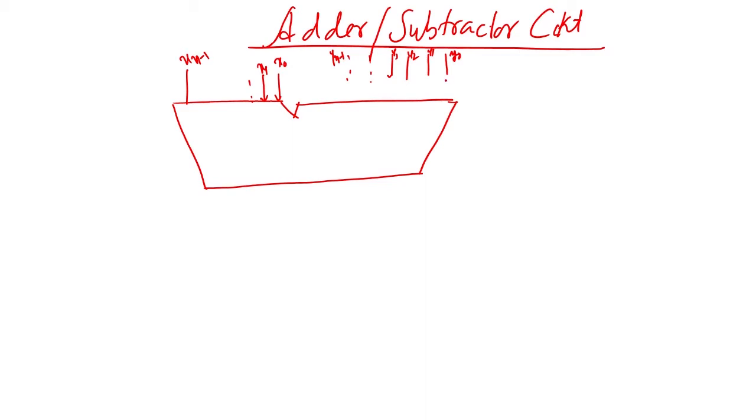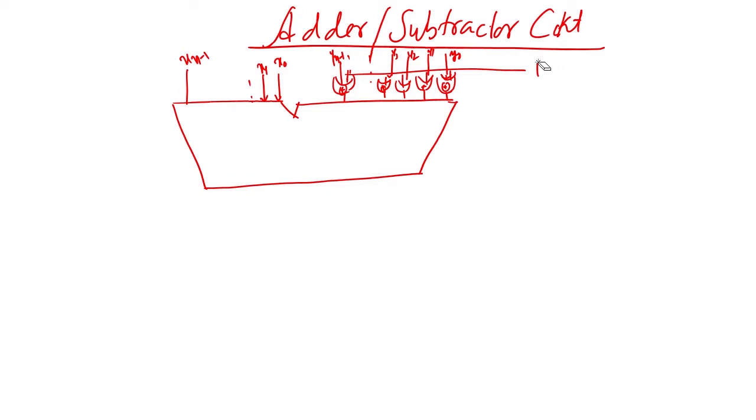Here we will have an XOR circuit on each line. One input of each XOR comes from y 0, y 1, y 2, y 3, and the other input comes from a common control line.